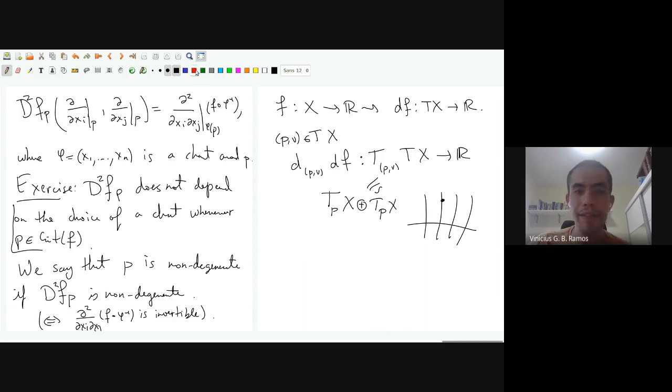So this is basically isomorphic to the fiber plus the tangent space to the base. But the problem is that this isomorphism is in general not canonical or not natural.